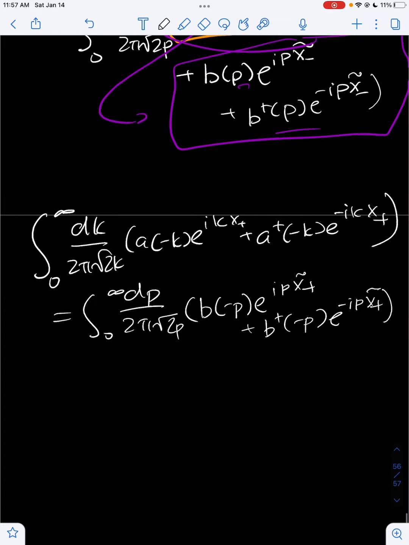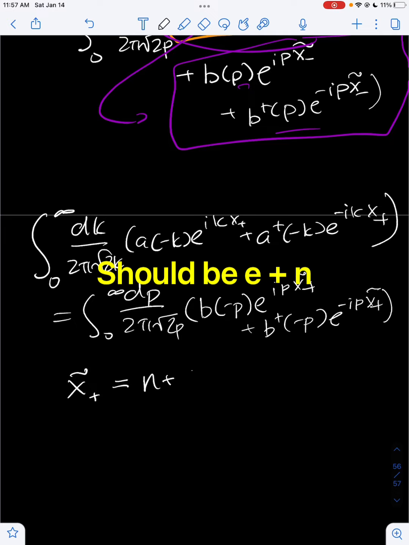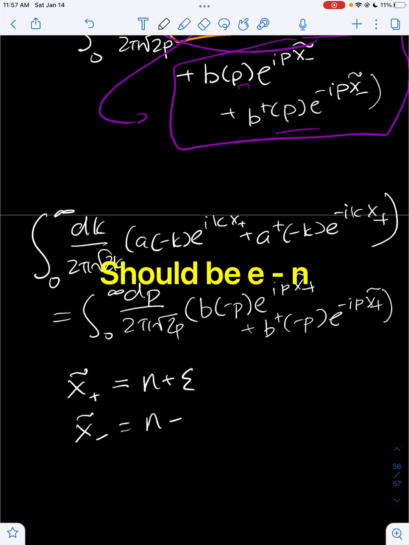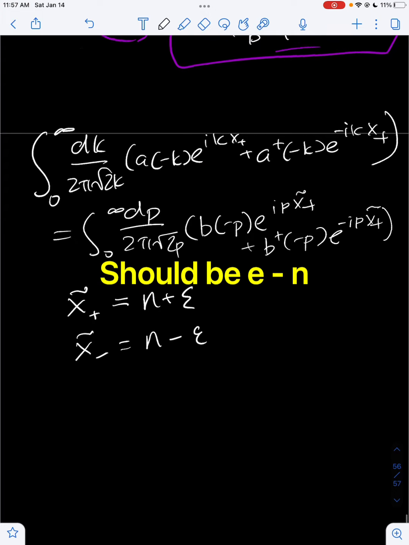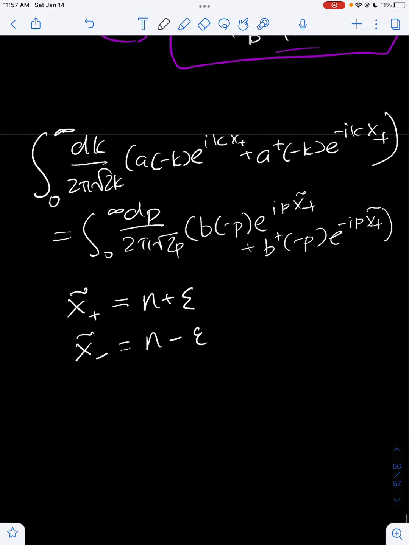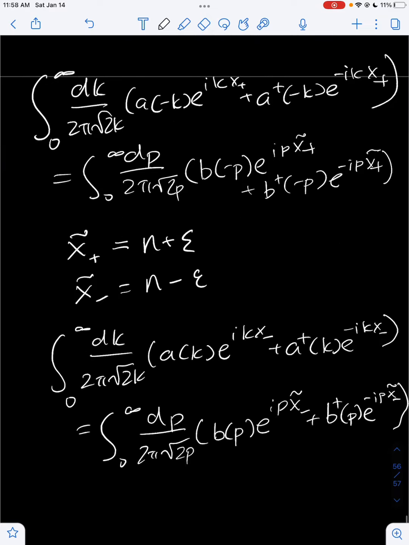Now, I should mention this. X tilde plus is defined as n plus epsilon, and x tilde minus is defined as n minus epsilon. Again, we get an analogous expression for positive momenta, and that's going to be this right over here.